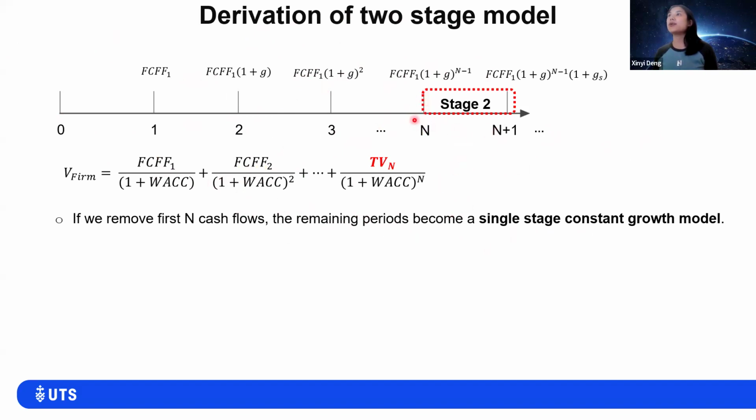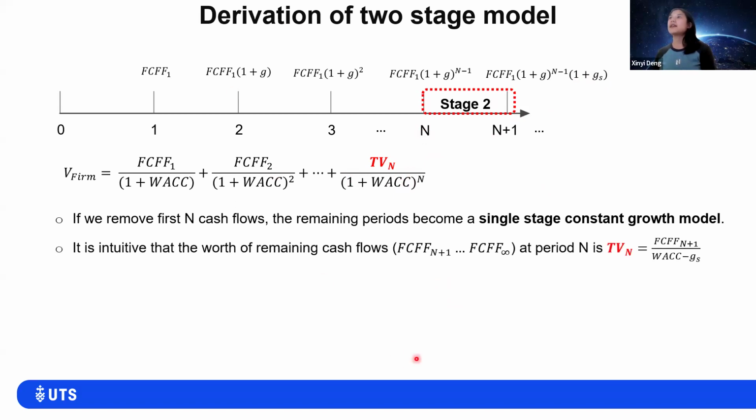If we are only looking at the cash flows from the end of period N to infinity, those cash flows are growing at a constant rate of GS. And so it's really intuitive to just calculate the value of the remaining cash flows at period N by using the formula of the constant growth model.